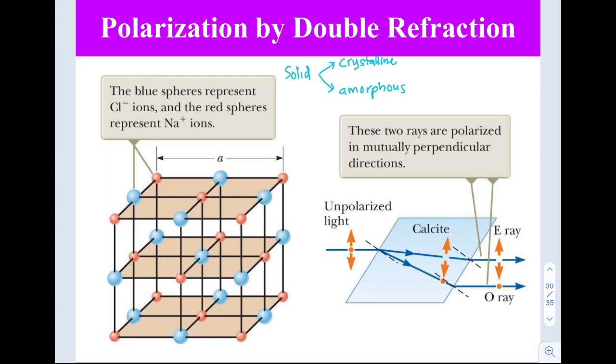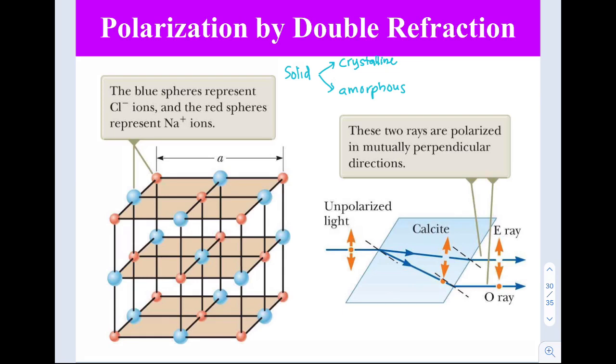These two rays have mutually perpendicular polarization and travel at different speeds through the material. The two speeds correspond to two indices of refraction for the material.